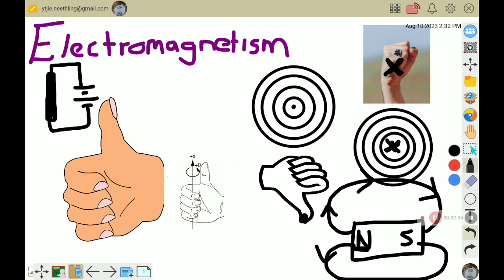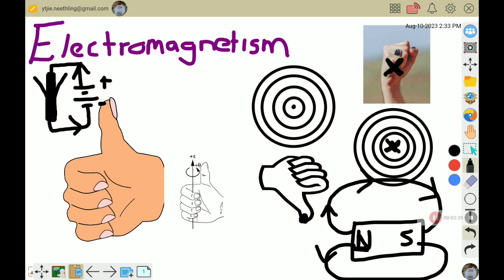The conventional current moves from the positive side of the battery, the long side, to the negative side, the shorter piece. So from positive through the external circuit, through this current carrying conductor, it will move downwards and back to the negative side. Around this current carrying conductor, we will have a magnetic field.